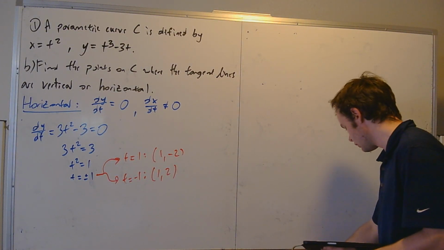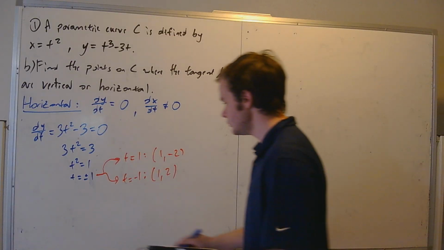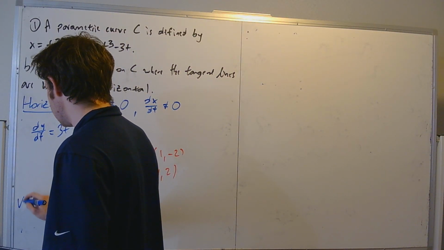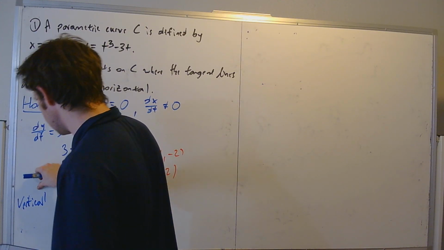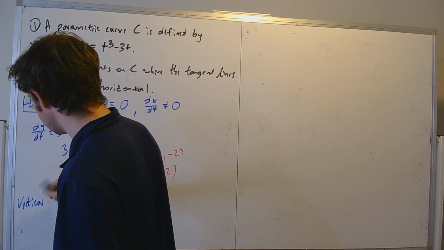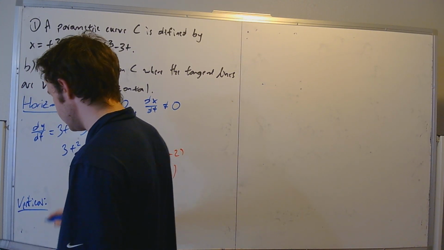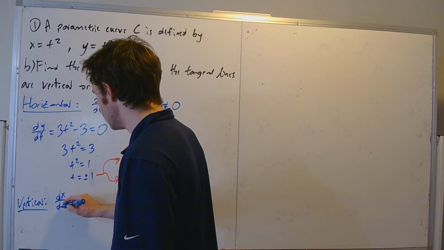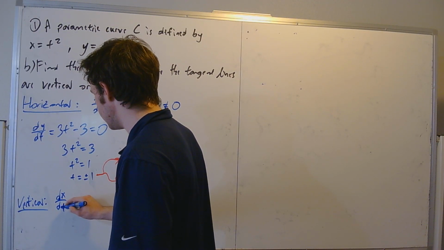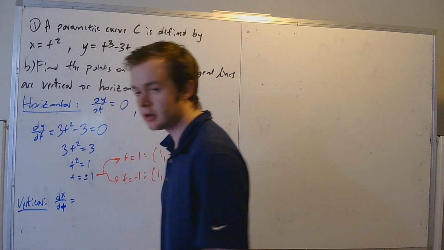Now we look for the vertical tangent lines, and remember that's when the derivative of x with respect to t is 0, because if it's vertical, the x shouldn't be changing.